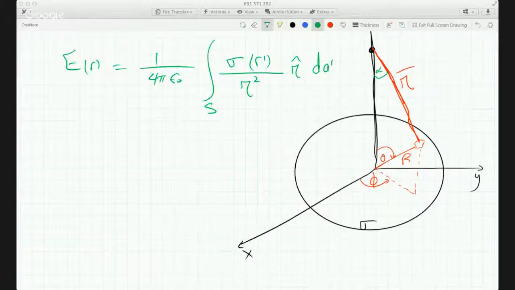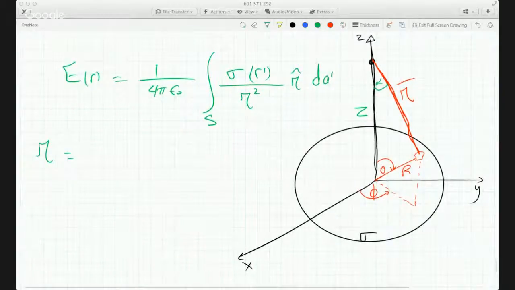Got it? Okay, so basically I need to figure out what my dq is. First, let's find the separation vector from the diagram using the law of cosines. Remember law of cosines? This distance here is z, because this is the z-axis.